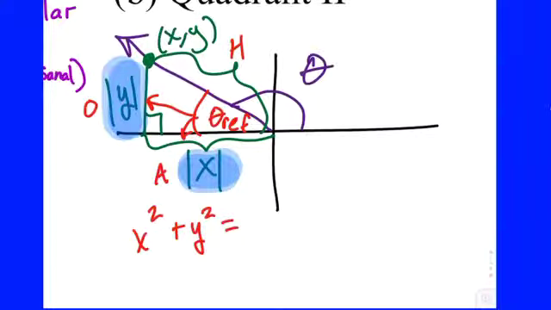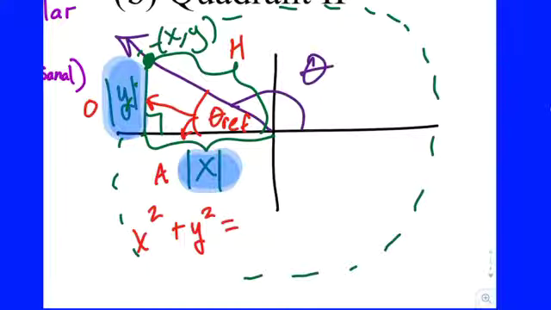How about this? If I come out here to this point, if I were to continue rotating that thing all the way around, it would end up being the what of the circle? No, the hypotenuse would end up being the what of the circle? The radius. The hypotenuse ends up being the radius of the circle. So we're going to call it R for radius.